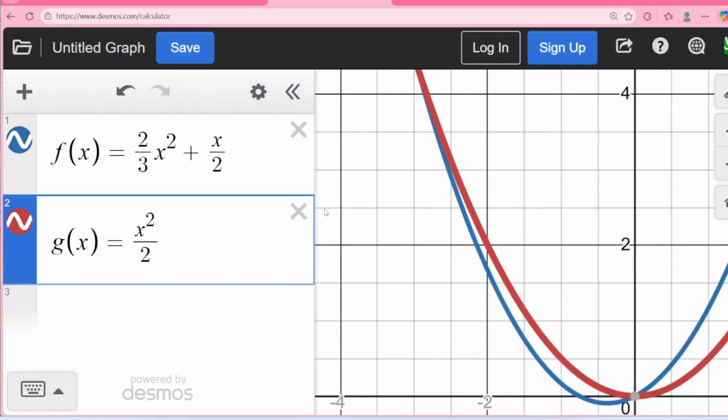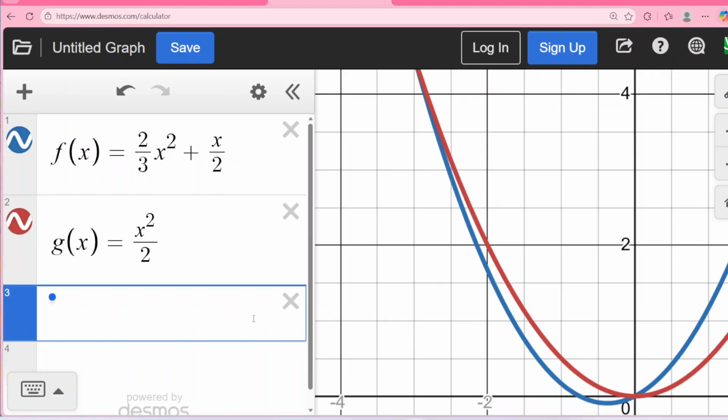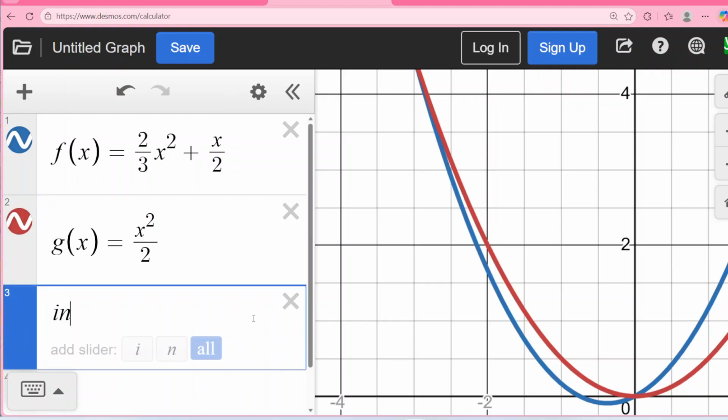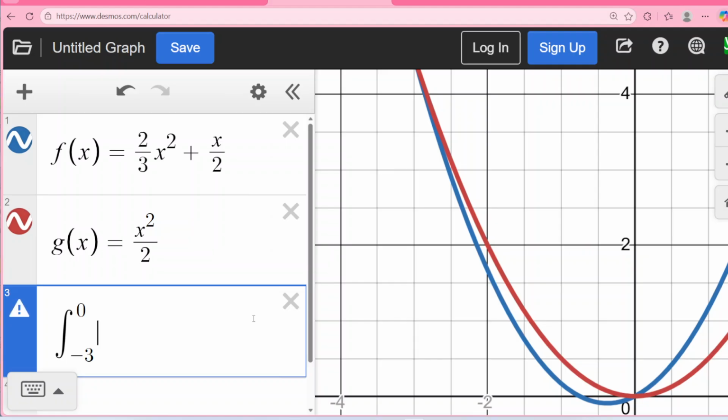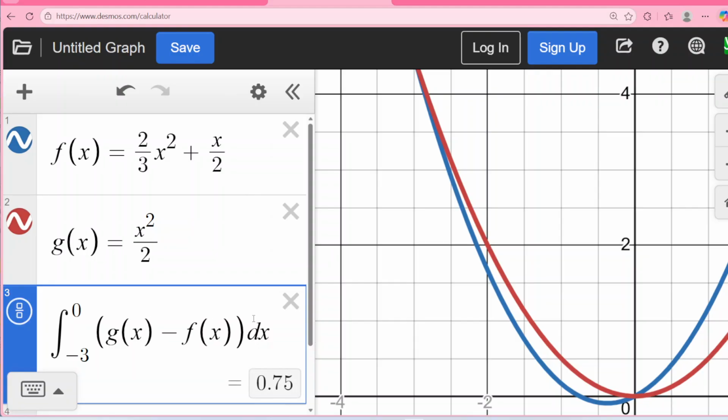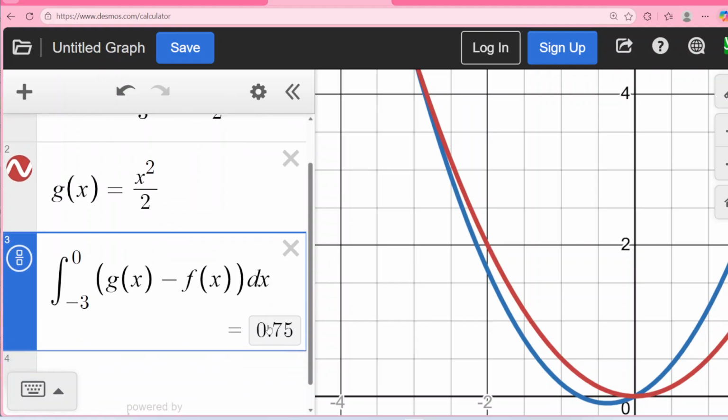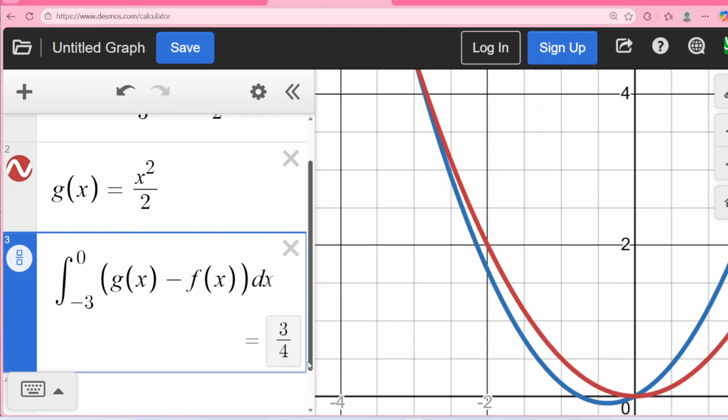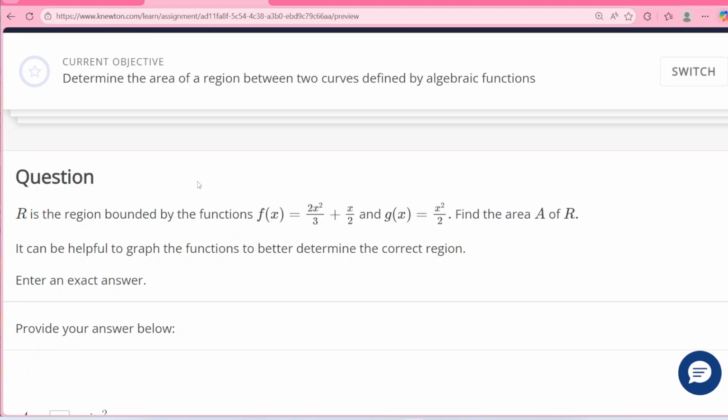Now, let me double check that again by integrating in Desmos here. Integral from, we went from -3 to 0. And again, I have my g of x and f of x already up. So we had g was on top, minus f was on bottom, dx, and there's 0.75, change to a fraction there, 3/4. So that's what I'm going to enter.